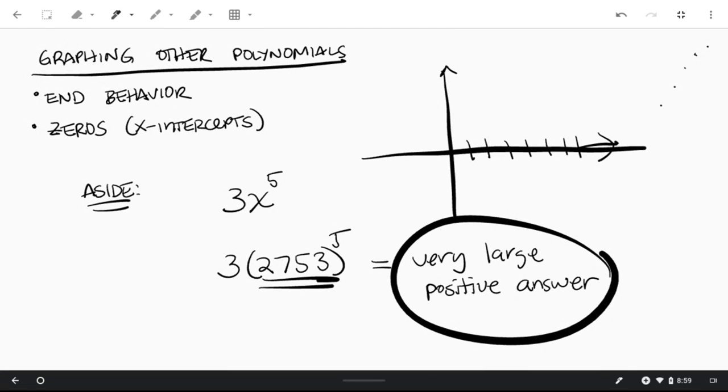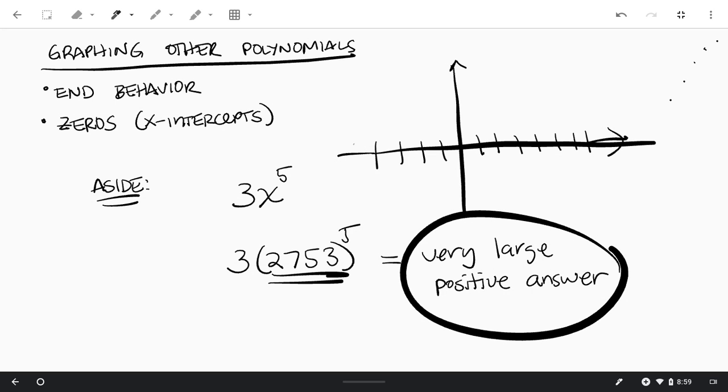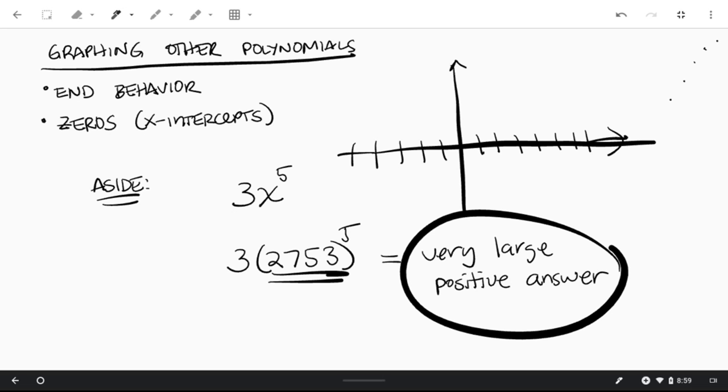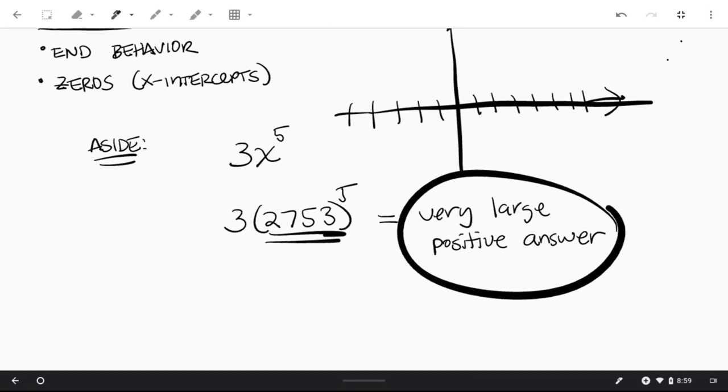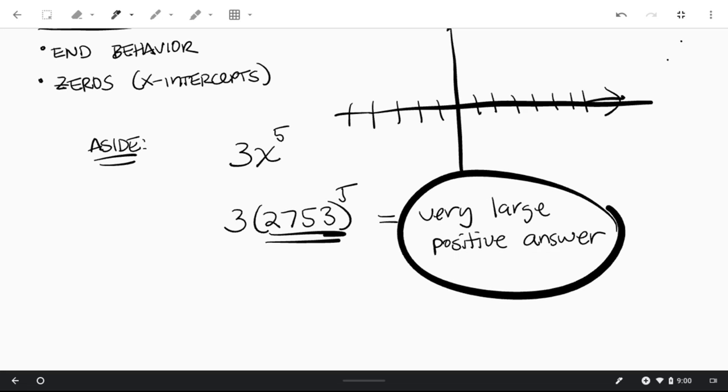Now, let's consider the left. Give me a number on the left-hand side, a very negative number. Maybe you're thinking negative 1,428.